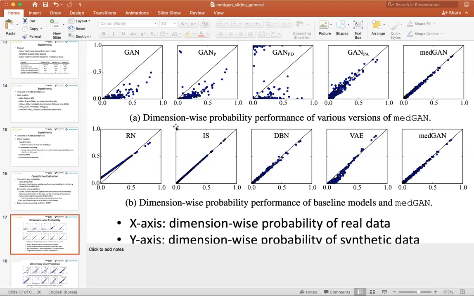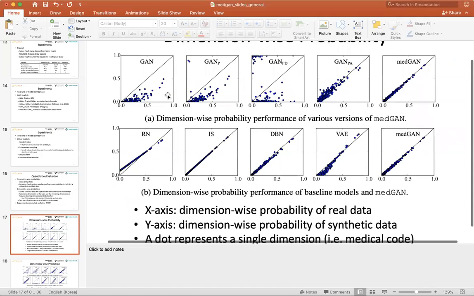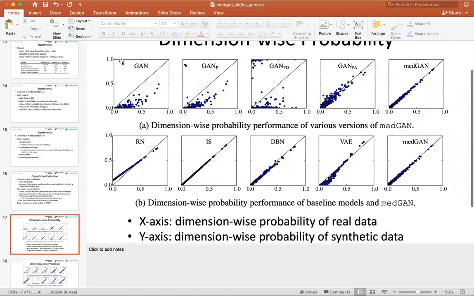Obviously, just training your very simple GAN without any techniques, without any modifications, no autoencoder, it doesn't work very well. This is just a simple GAN trying to generate binary tabular data, and you can see it doesn't align well on the diagonal line.